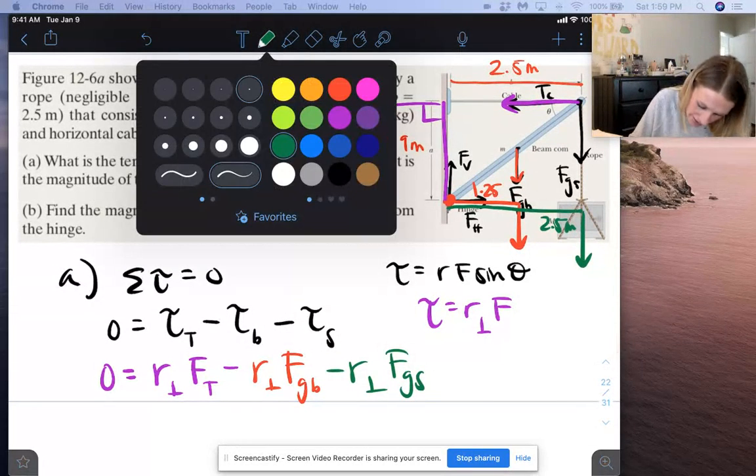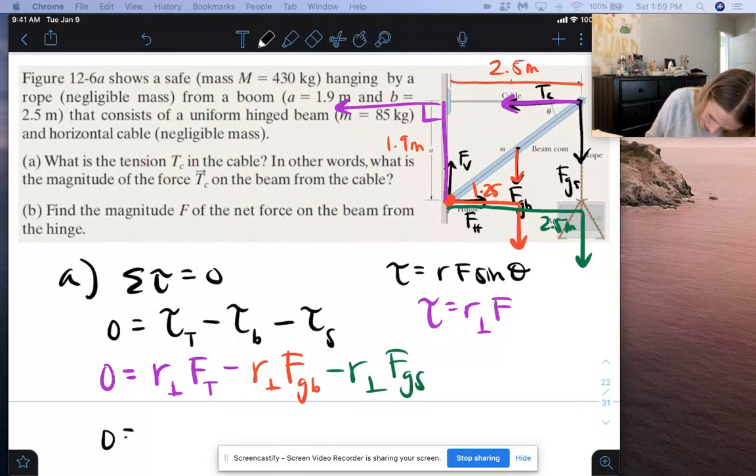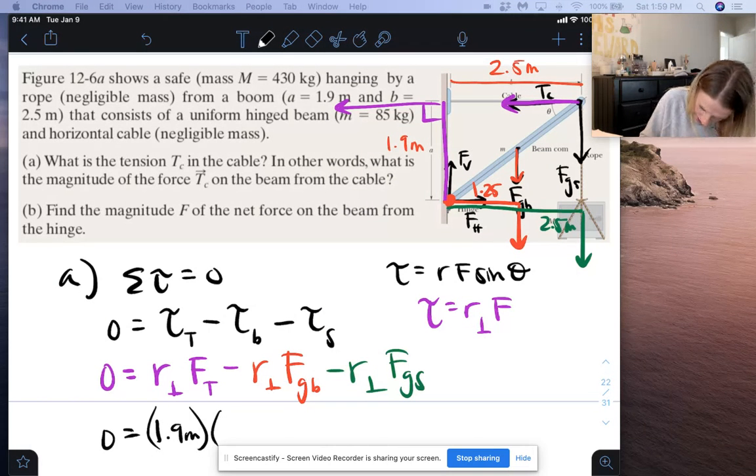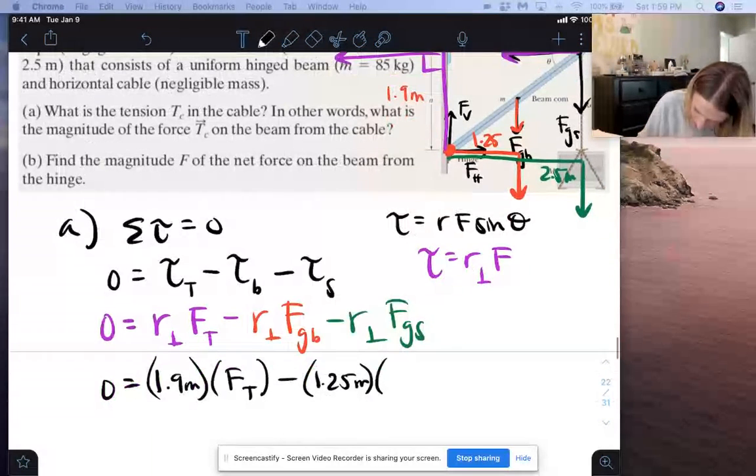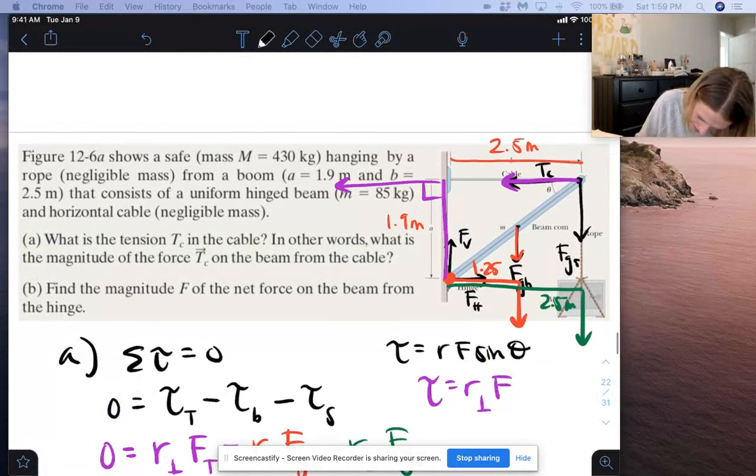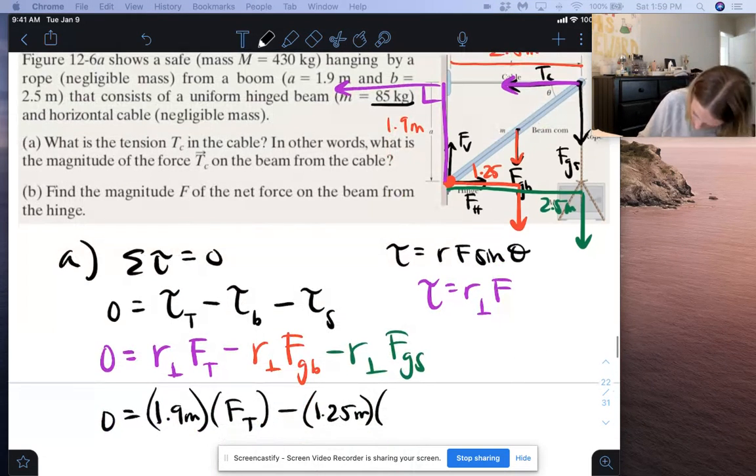All right, so plugging in our numbers here, we get 0 is equal to our perpendicular for the tension force, which is 1.9 meters, times the force of tension, which is what we're trying to find, minus the R perpendicular moment arm for the force of gravity of the beam, which was 1.25 meters, times the mass of the beam, which they give to us as 85 kilograms, times 9.8 meters per second squared.